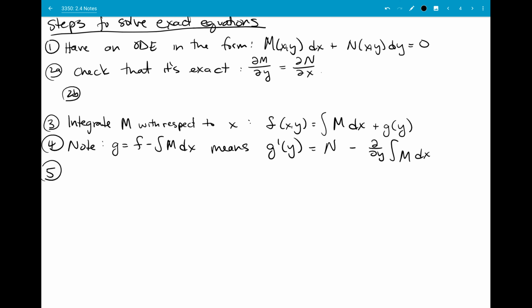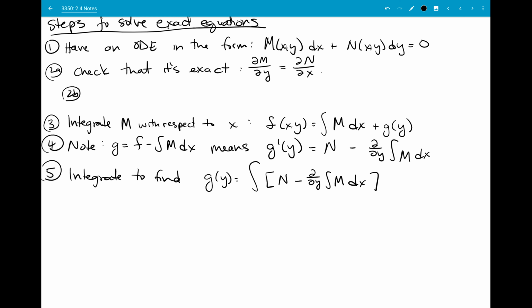So then you're going to say, okay, I know what the derivative g prime of y is, so I can go ahead and integrate to find g of y, which is equal to the integral with respect to y of n minus the derivative with respect to y of the integral of m with respect to x. Kind of confusing. I said there's a lot of integration and algebra here. All of that with respect to y.